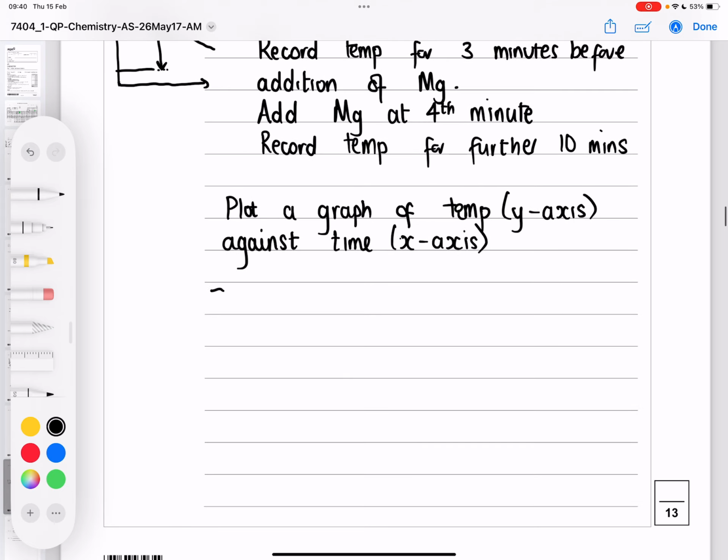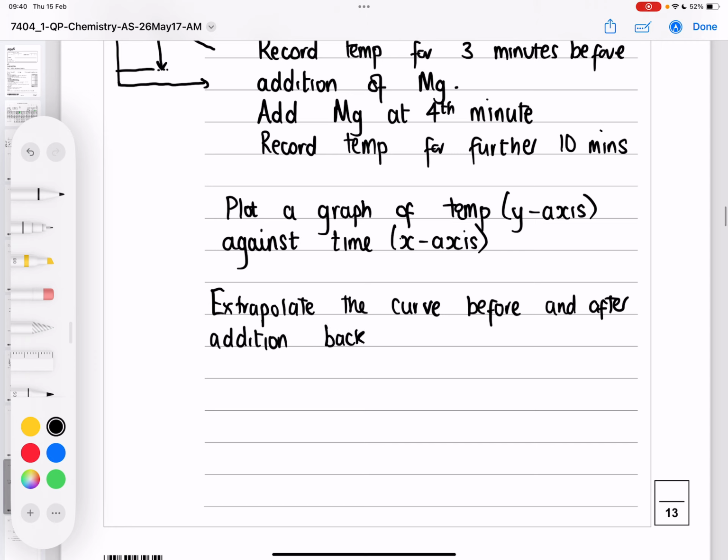And then what we would do is we would extrapolate the curve before and after addition back to the point where we added the magnesium. So back to the 4th minute.